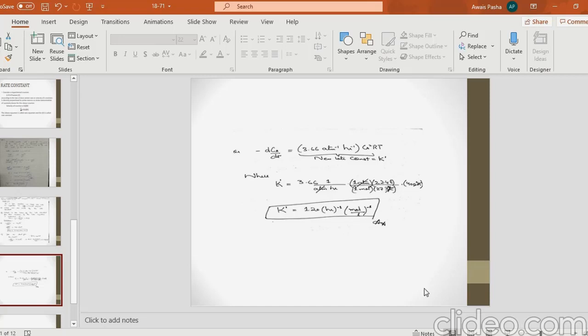When we multiply or divide these constant values, we have the value of 120 hour inverse mole per liter inverse. That is the value of K.